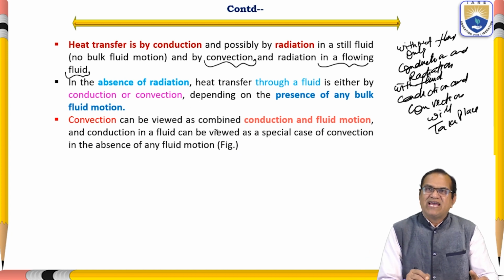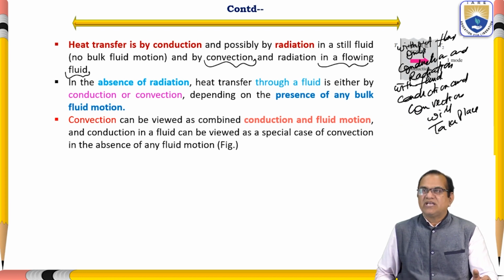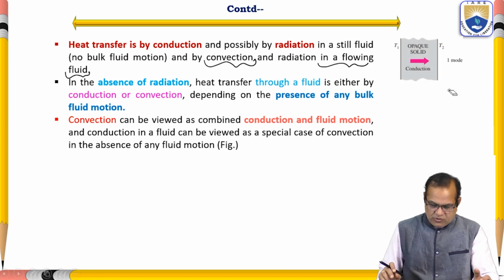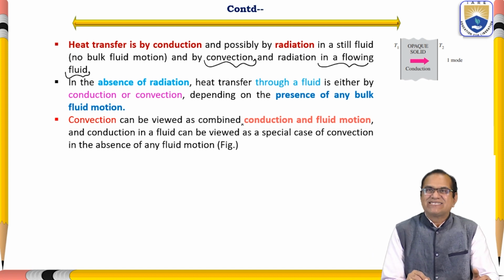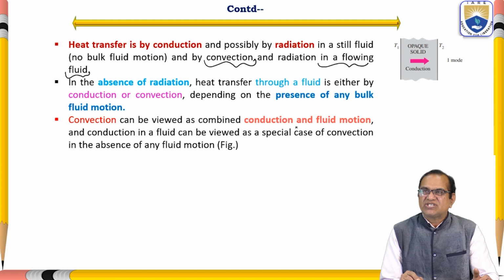Convection can be viewed as combined conduction and fluid motion, and conduction in a fluid can be viewed as a special case of convection in the absence of any fluid motion.